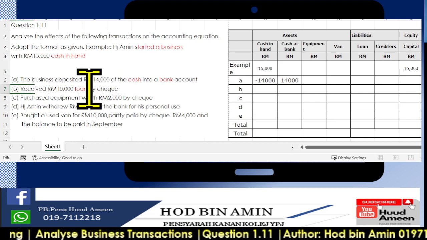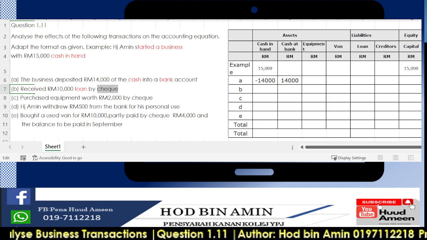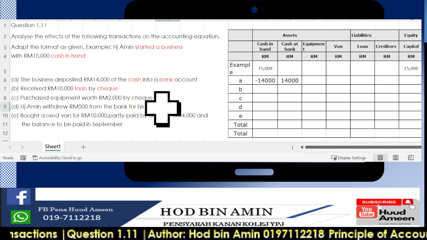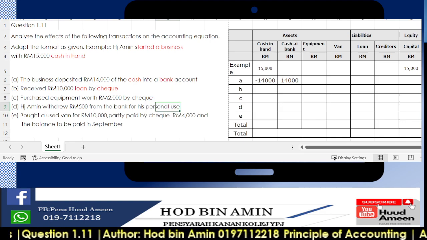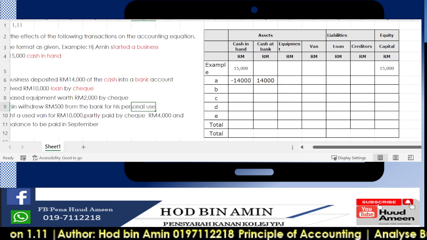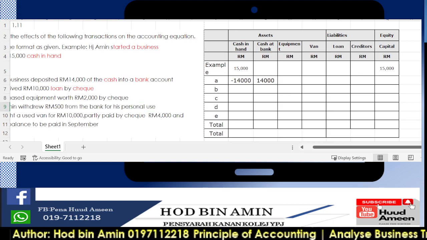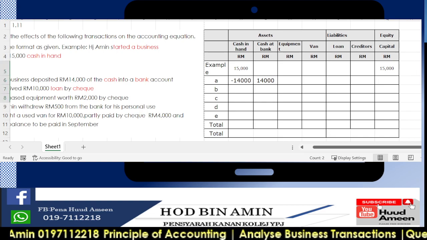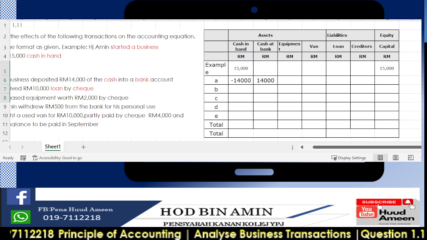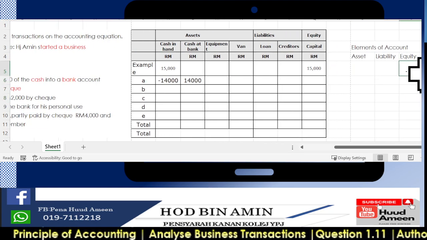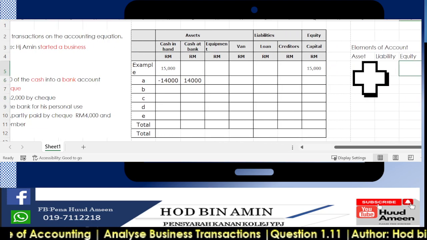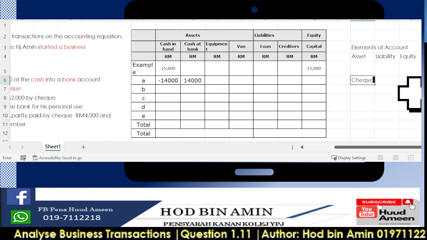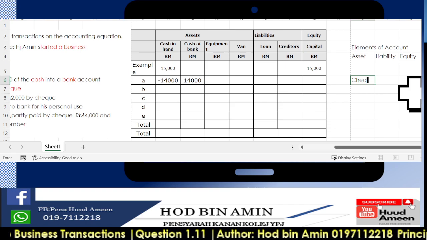So the students also repeat the same mistake. Check, for example, is under cash at bank. In the accounts, we don't have any account meaning check account.